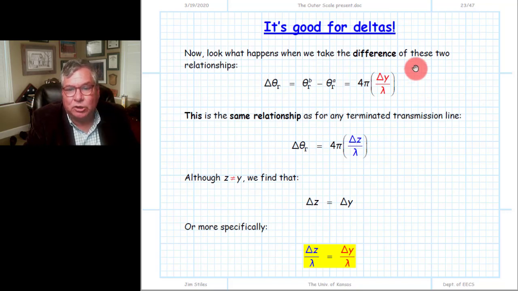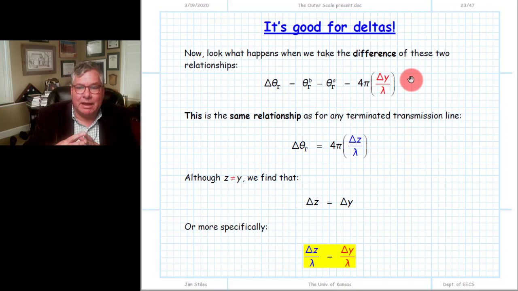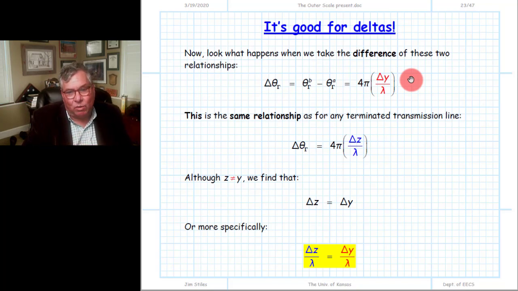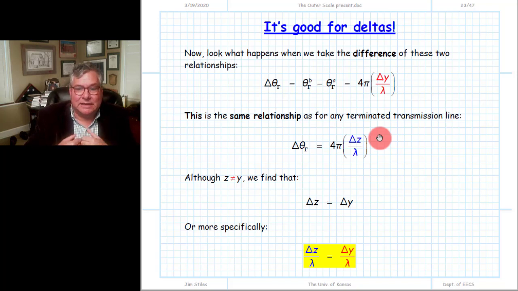And so we can conclude that the change in the phase angle of gamma by moving some normalized distance delta y is going to be the same as the change in phase of the reflection coefficient if we move the same normalized distance delta z.